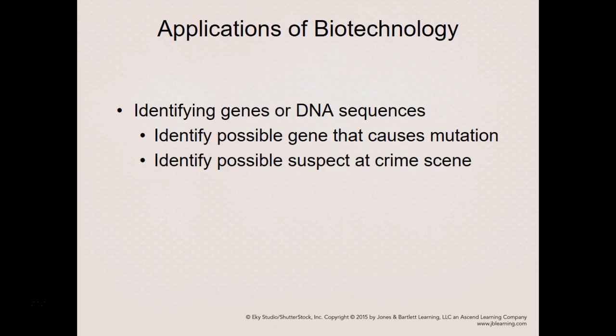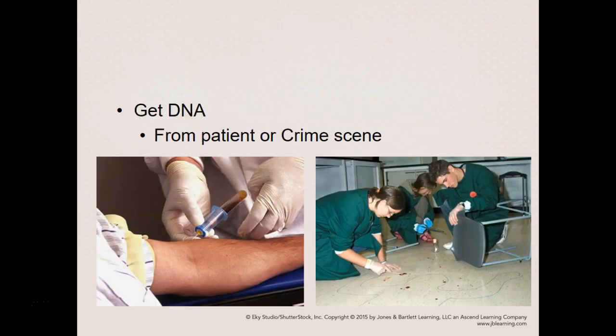We also use DNA or biotechnology to help us identify mutations within our own genome, specifically so we can know if a disease is going to be more common or less common. Or I think and is the better one. We can use this to identify the suspect at a crime scene as the actual person who caused the crime, the criminal.